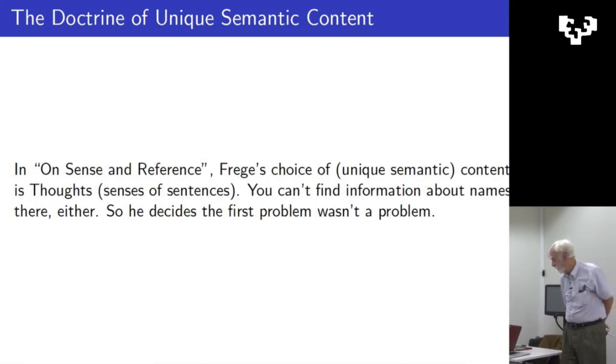In On Sense and Reference, Frege's choice of unique semantic content is thoughts. What are thoughts? Well, I think they're kind of just what we call qualitative propositions, not singular propositions. I suspect they amount to complicated Ramsey sentences about the instantiation and co-instantiation and subsumption and co-subsumption of concepts.